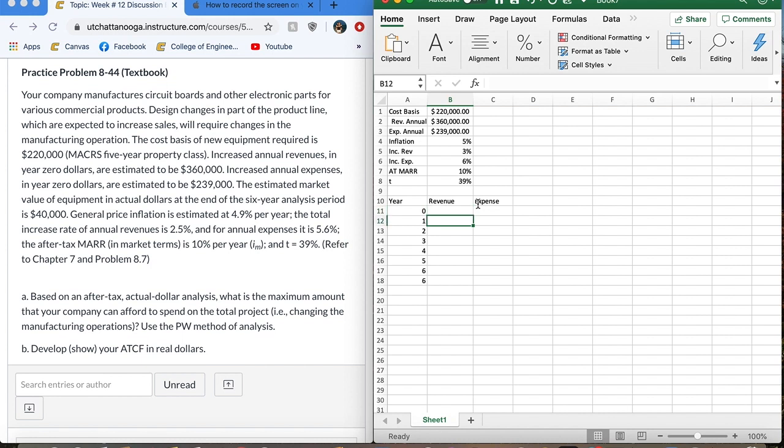So we don't have anything here, and then for the first, at the end of year 1, since it's increasing by an amount, we're going to have the initial, which needs to be that, plus this amount times the increased revenue percentage, which needs to be an absolute reference.